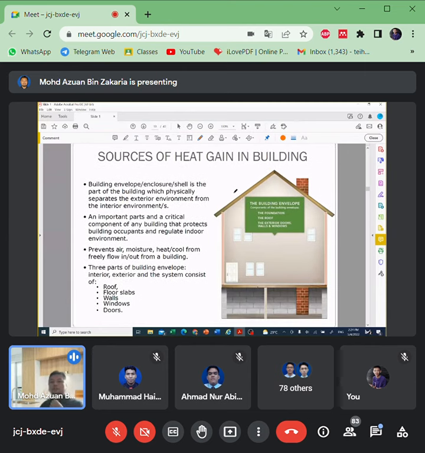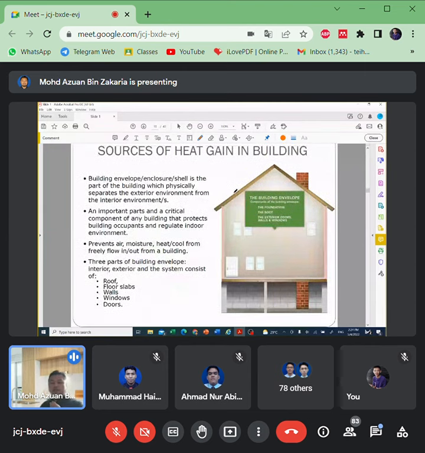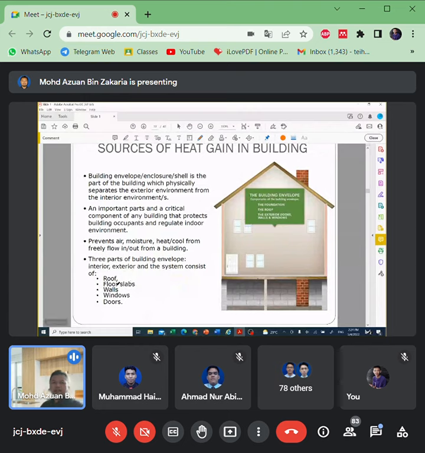Normally in a house, as a building, we have, I hope you understand, a roof, floor slab, walls, windows and doors. This we call the building envelope, where the heat is normally transferred by conduction or radiation.